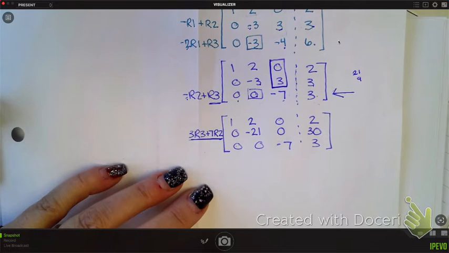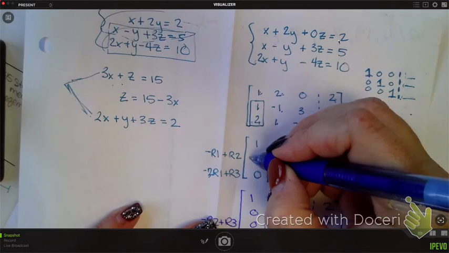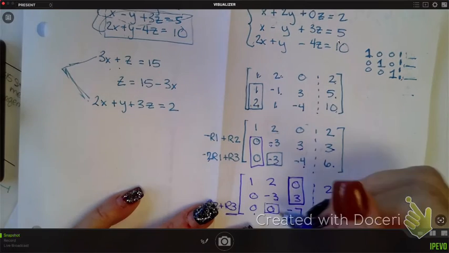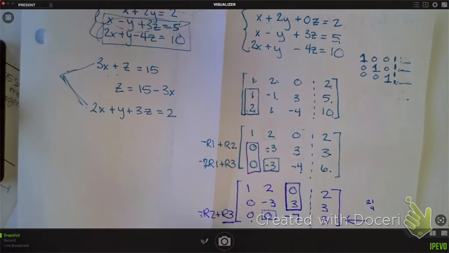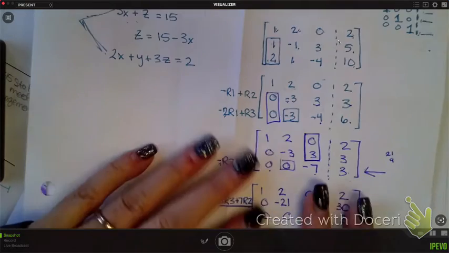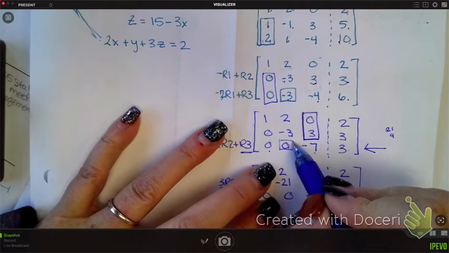When we do this process, we started off with zeroing out the first column, correct? If you didn't have the 1 there, would you start with the 1 first? Not unless it's easy. Then we moved over and zeroed out the second column.